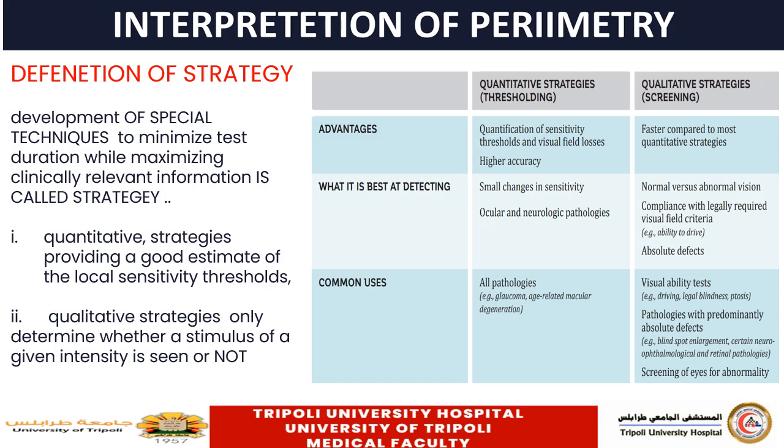So we need to do a quick screening test first to determine if there is any abnormality or not. And if there is abnormality in the screening test, at that time we can proceed with the quantitative method, that is the thresholding technique.